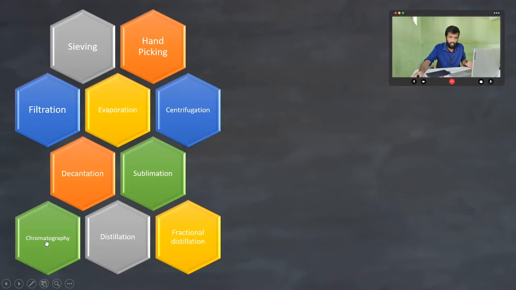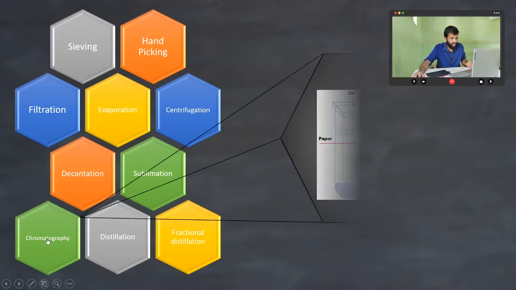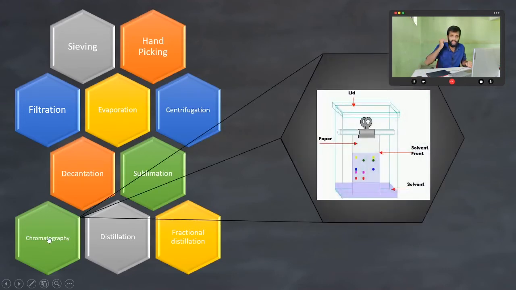Okay, next is chromatography, which is used to separate a dye into its colors. So the blue ink that you write with is a dye. It has many colors in it. So if you take it and keep it on a tissue paper or a filter paper, then all those colors will get separated.